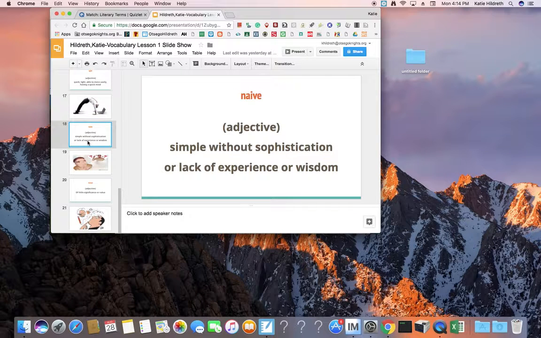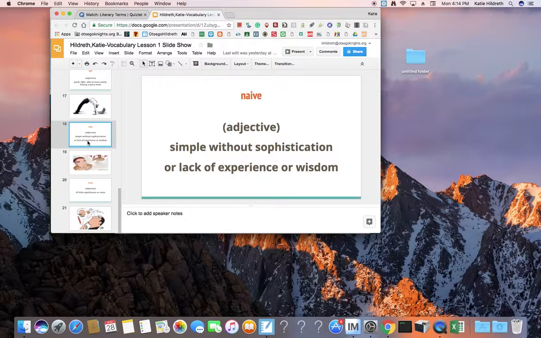Our next word is naive. Naive is an adjective, and it's going to describe a person, place, or thing, mostly a person. It means simple, without sophistication, or lacking experience or wisdom. Kids, as they're younger, are a lot of times naive. As we get older, hopefully we gain more wisdom and more sophistication.